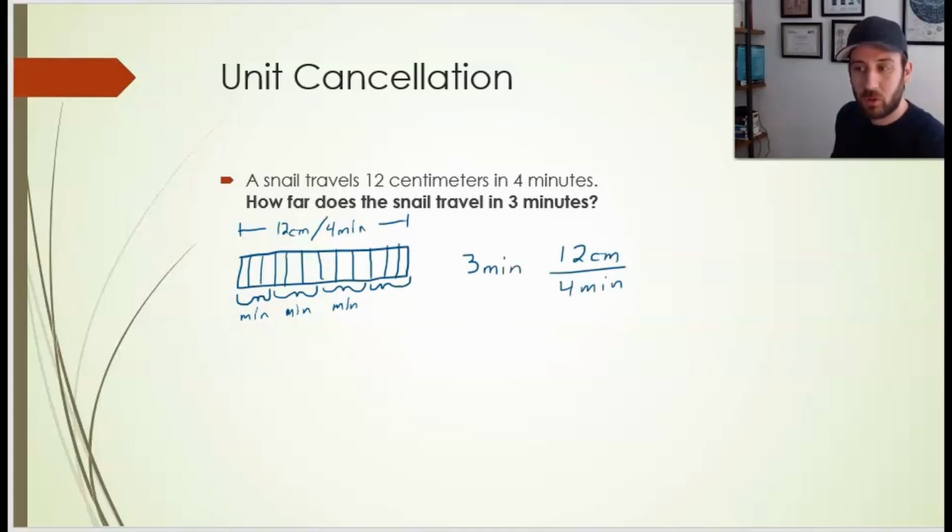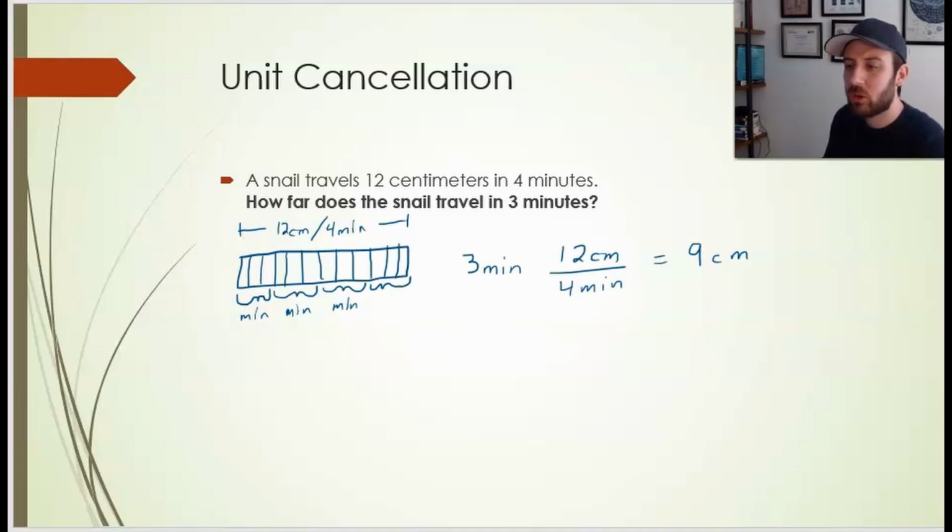We also know that the answer comes out to be 9 centimeters. So there's going to be something happening between the 3 minutes and the 12 centimeters per 4 minutes that produces the 9. Well, I don't see anything immediately obvious here. 3 plus 12 would be too big. 3 minus 12 would be too negative.